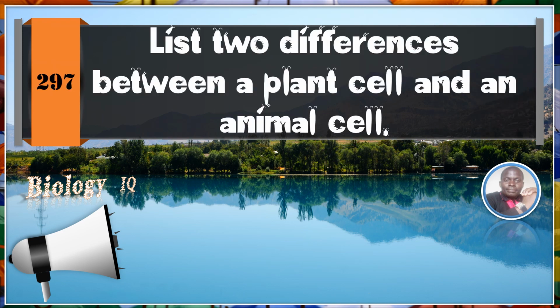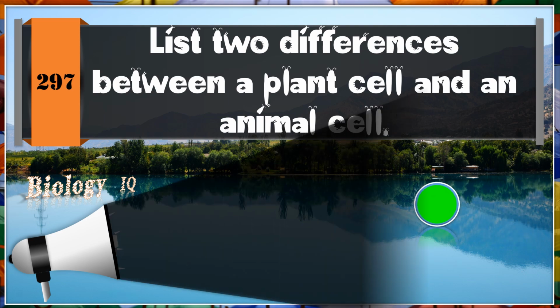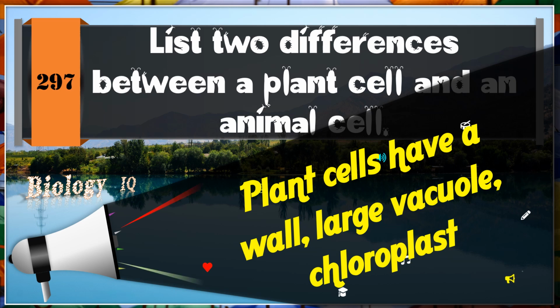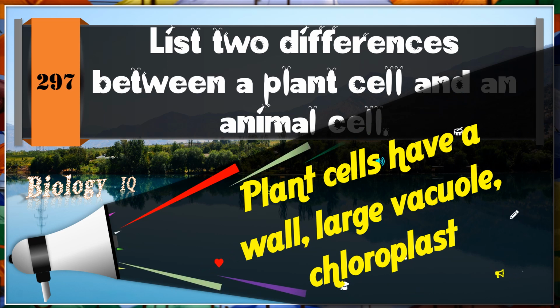List two differences between a plant cell and an animal cell. Plant cells have a wall, and they also have a large vacuole, and also have chloroplast.